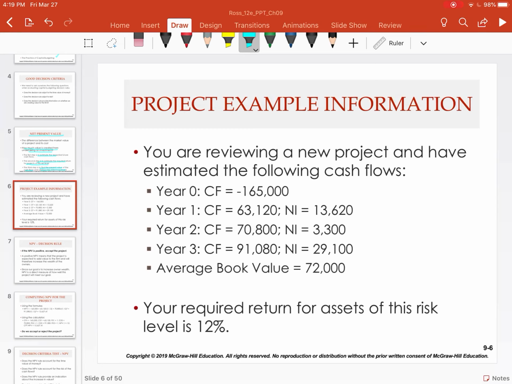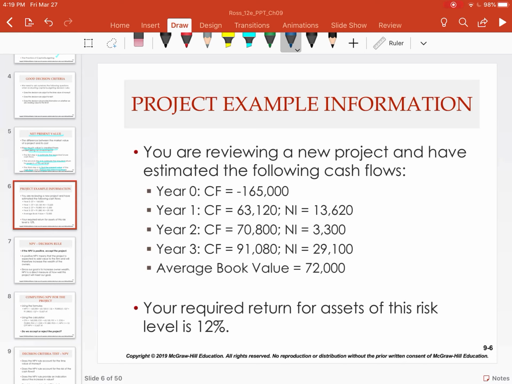You certainly want to have your calculator handy. We're going to walk through the cash flow here, but while this is on the screen, I'll change this to a pen so that we can discuss what that would look like on your computer.